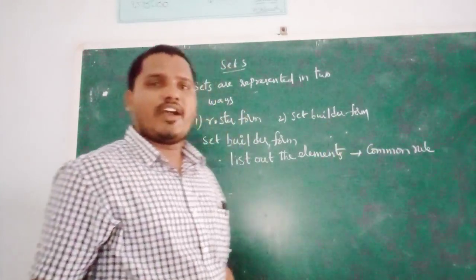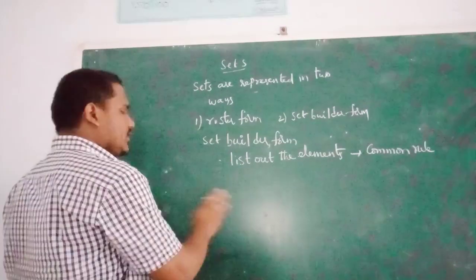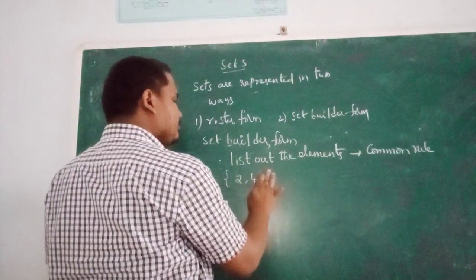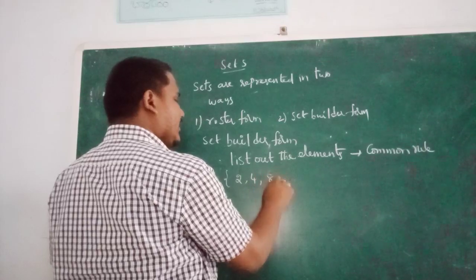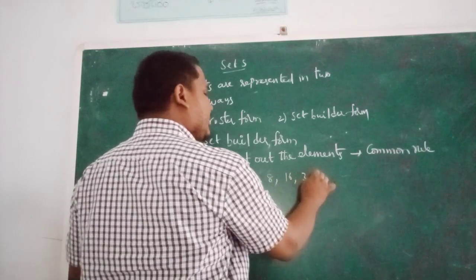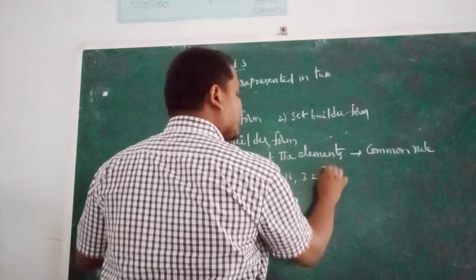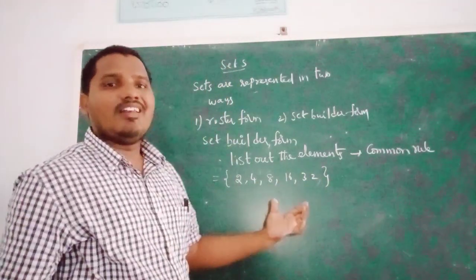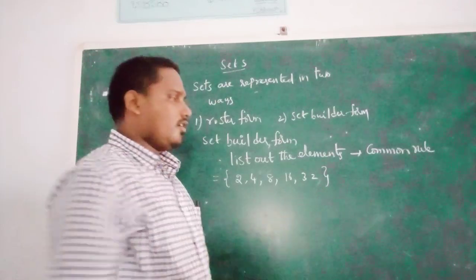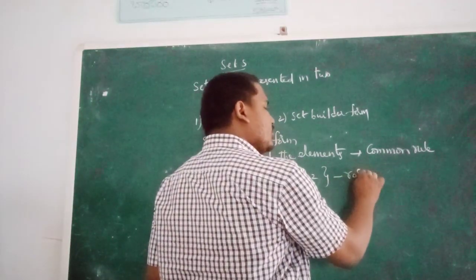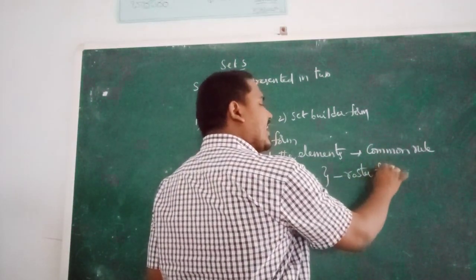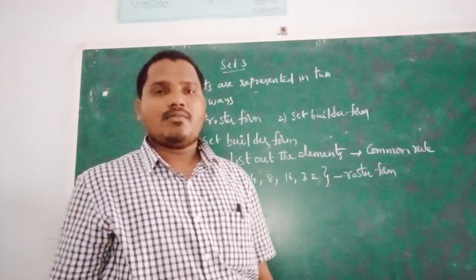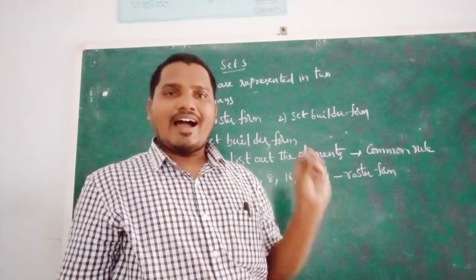For example, 2, 4, 8, 16, 32. Here it is in the form of listing out, or roster form. This roster form can be converted into set builder form through a common rule.